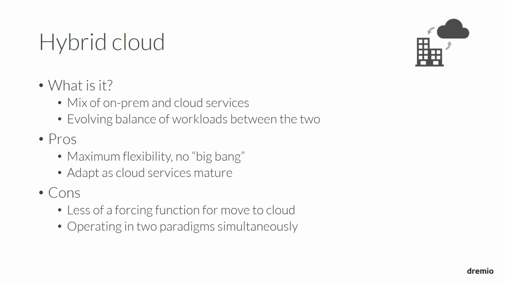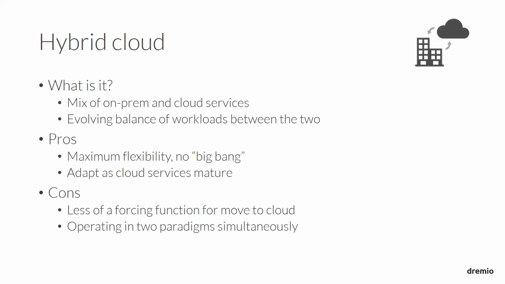This approach allows you to evolve the balance of workloads between on-premise and cloud over time, so you can gradually migrate more workloads to the cloud, or maybe keep some balance where you're running things where it makes sense to run those things.